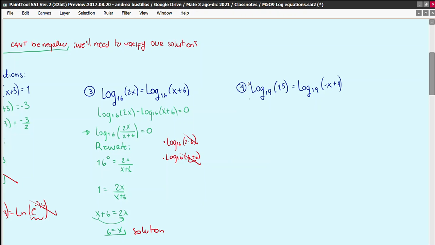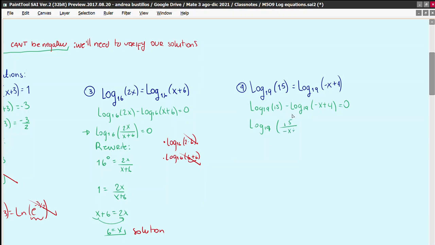Next one, again, I'm going to pass all my logarithms to one side of my equation. Then by properties, these two logarithms are subtracting each other, meaning that I can condense this as a quotient.